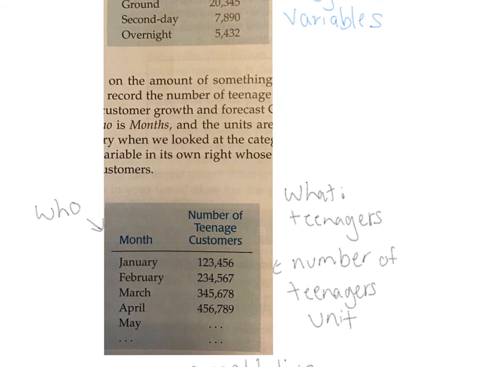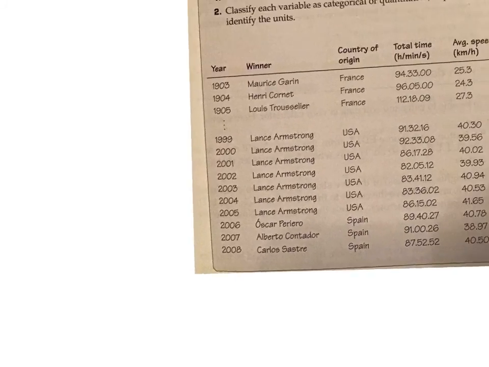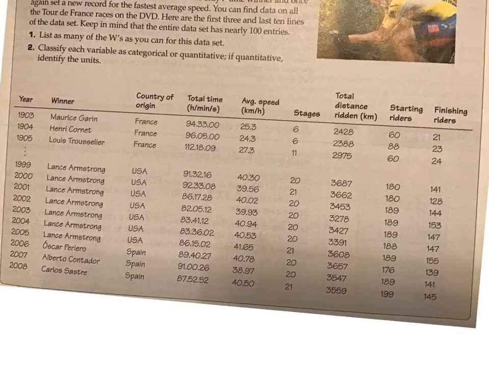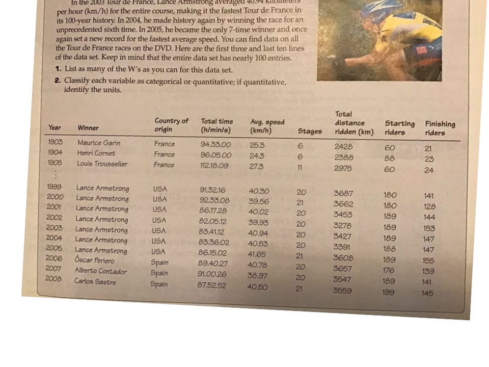Finally, let's look at the very last table. This actually has to be about Lance Armstrong, back in the day, before he got all of his medals stripped away from him because of doping. Don't do drugs. This is the information about Lance Armstrong.